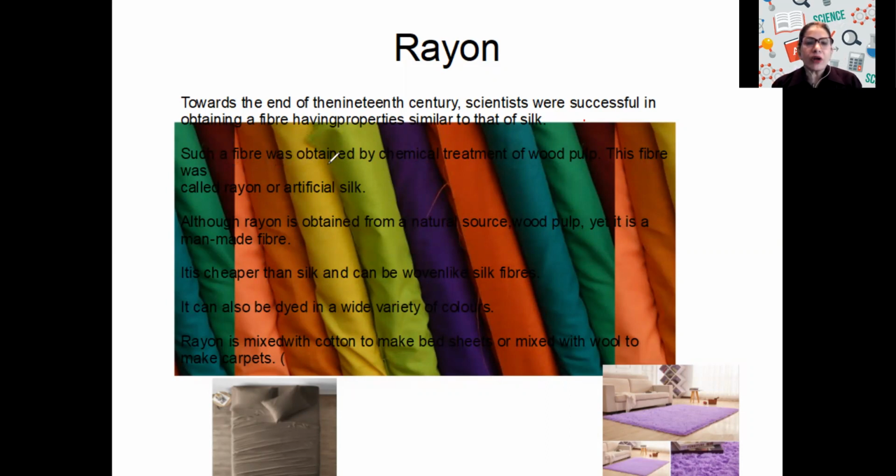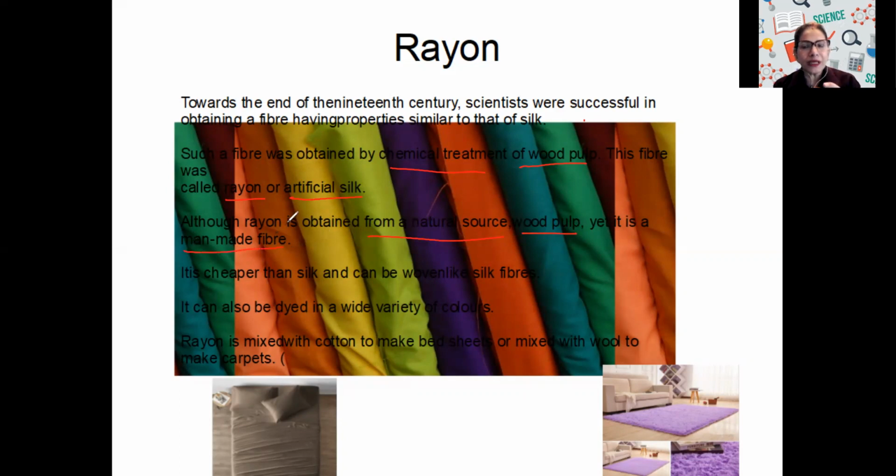Such fiber was obtained by the chemical treatment of wood pulp. So how is rayon prepared? By treating the wood pulp chemically. So this was called rayon or artificial silk. Although rayon is obtained from a natural source, which is wood pulp, yet it is a man-made fiber.